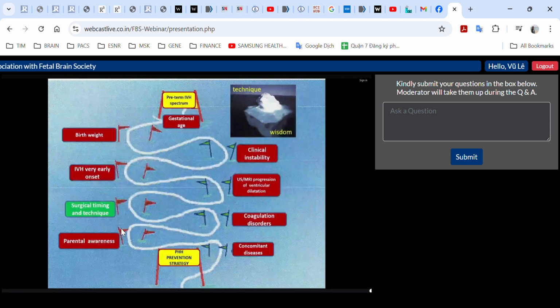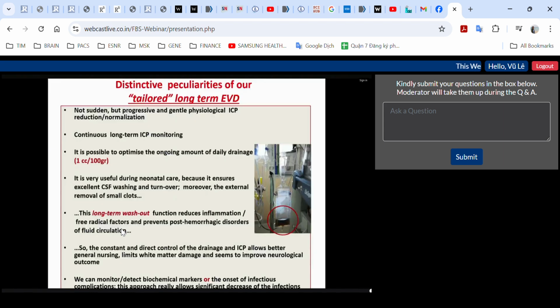This is schematically our surgical roadmap, and the distinctive feature of our long-term external ventricular drainage is a not sudden but progressive and gently physiological intracranial hypertension reduction, with continuous long-term ICP monitoring, making it possible to optimize the ongoing amount of the drainage.